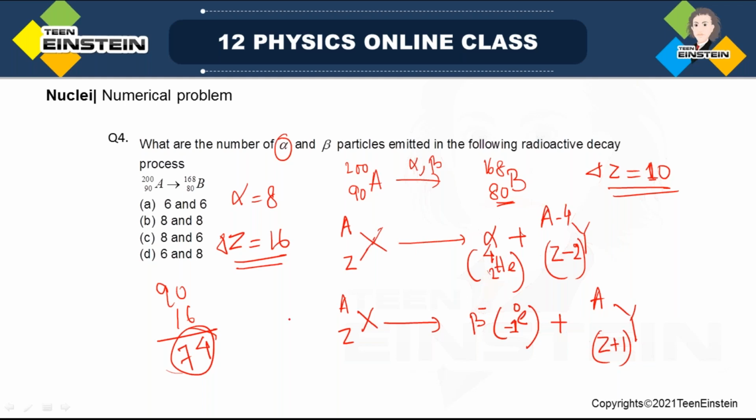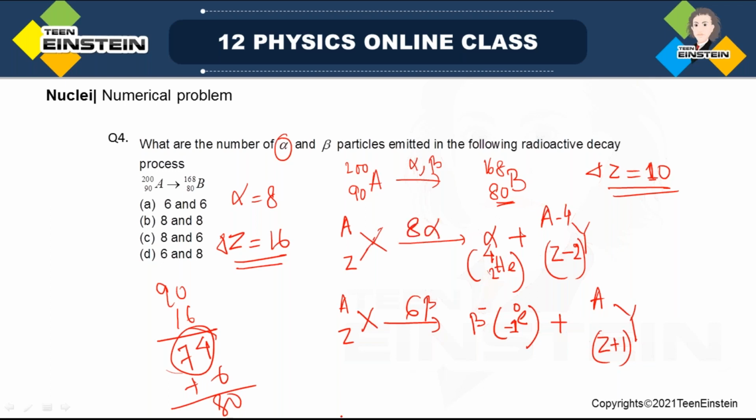That means beta decay is happening, because beta decay adds 1 to the atomic number. If there are 6 beta decays, then it will be adding 6 positive effective charge, so that will give rise to 80. That means you had 6 beta decays and 8 alpha decays.